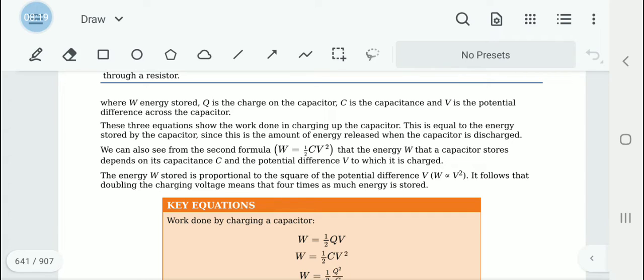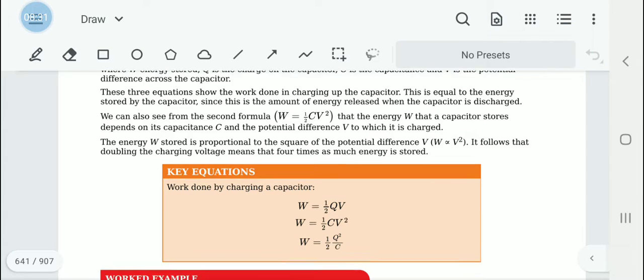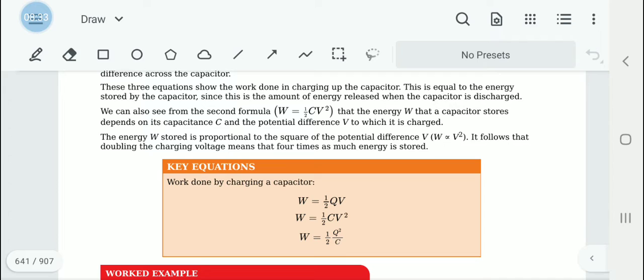So then we can understand that W is going to be dependent on capacitance C and the potential difference V, because W is proportional to the square of the potential difference, that is, W is proportional to V squared.